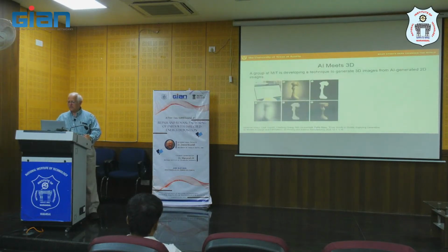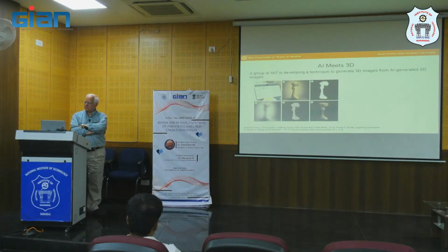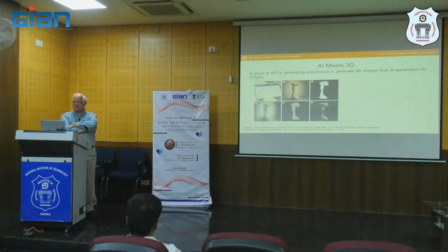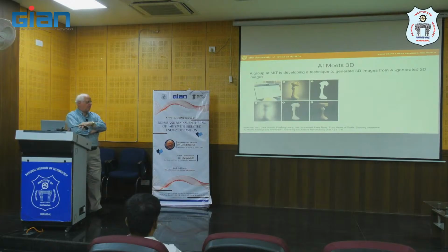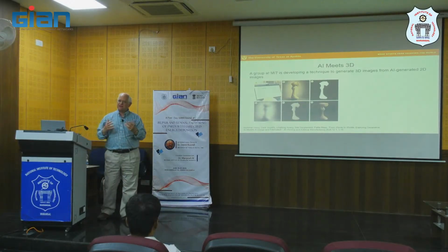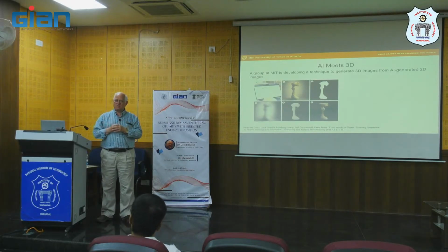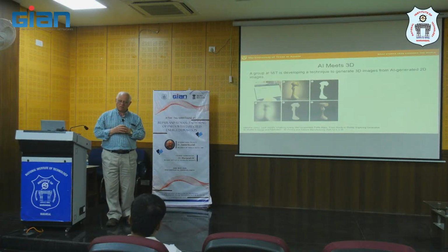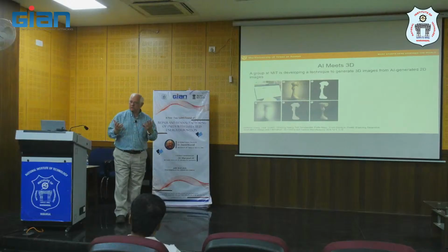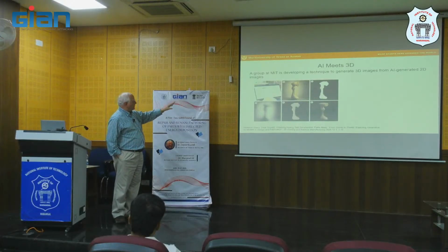There's another approach that's out there. There's a group at MIT that's developing a technique to generate 3D images from AI-generated 2D images. In this case, it's sort of reminiscent of the old Willème photosculpture lab in Paris from 150 years ago, where he was taking 2D images and sort of manually stitching them together to create 3D images, sculptures in that case.